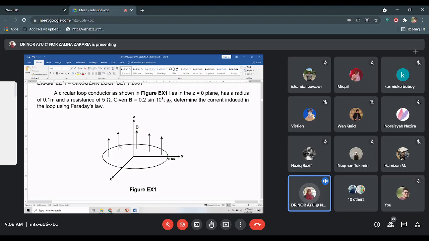When we have a single loop and this magnetic field, of course it will induce a current, so you need to find the value of the current induced inside this loop. From this question, we first need to determine whether it is motional or transformer EMF. B is given as 0.2 sin(10^3 t) T. The t over here means that B is varying, so at different times B has a different value.